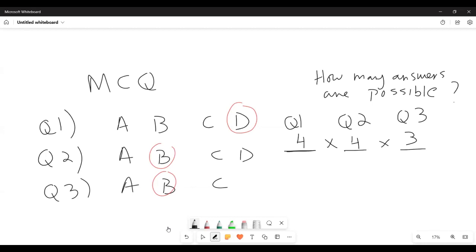So 4 times 4 times 3, which would be 48. So 48 different arrangements of answers is possible. Okay, moving on.